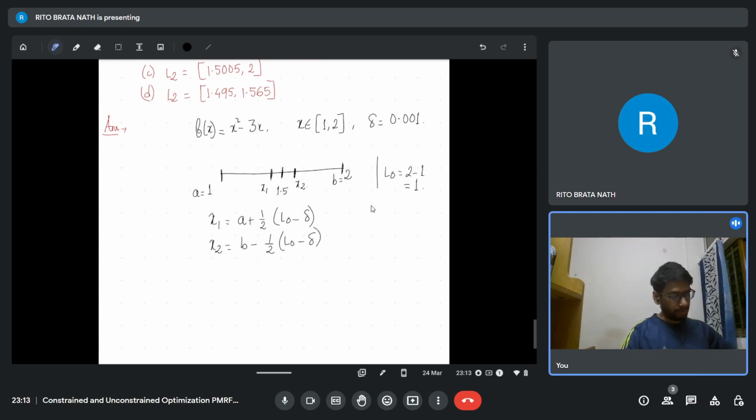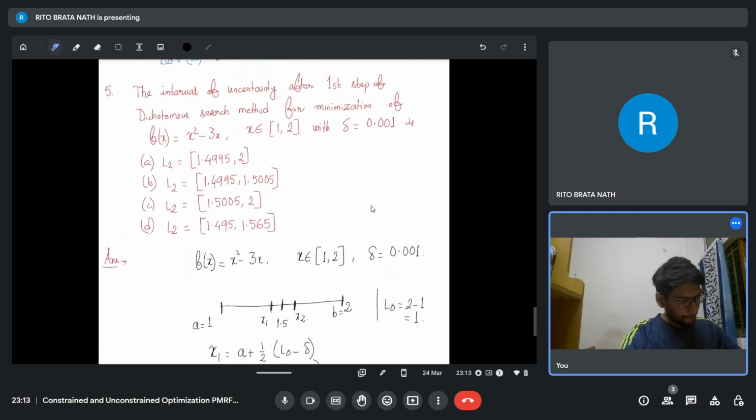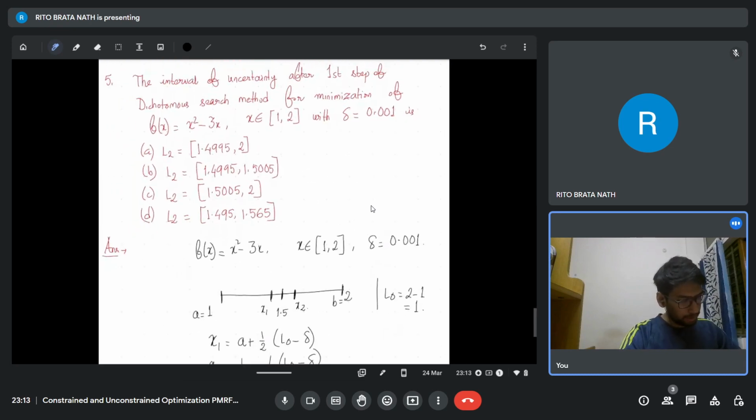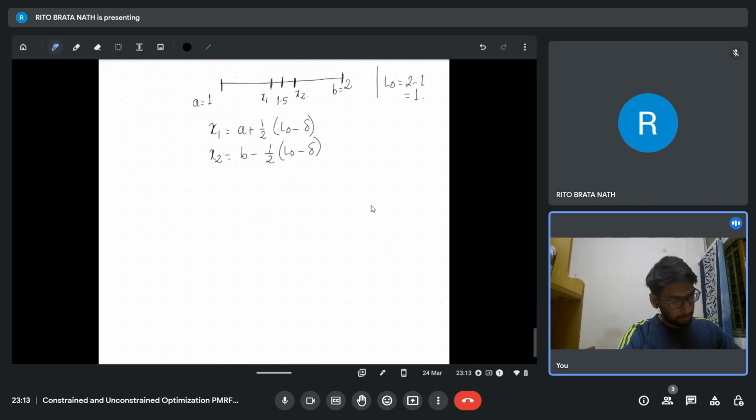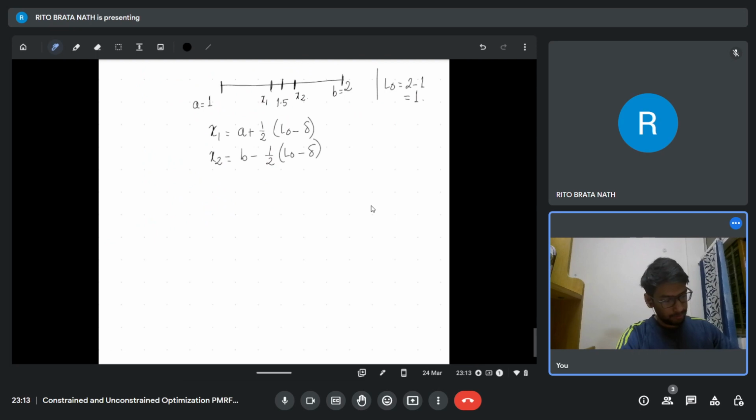Now it's time to find out this x1 and x2, and then you'll get the interval of uncertainty after the first step. But you have to do some function evaluations before that. So x1 is a, which is 1, plus half times 1 minus 0.001.